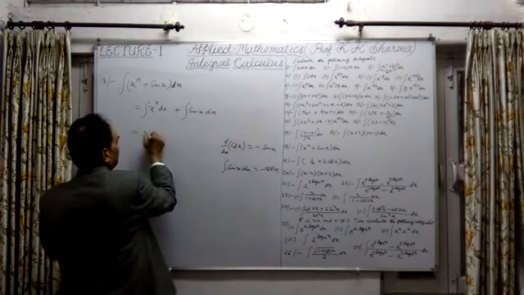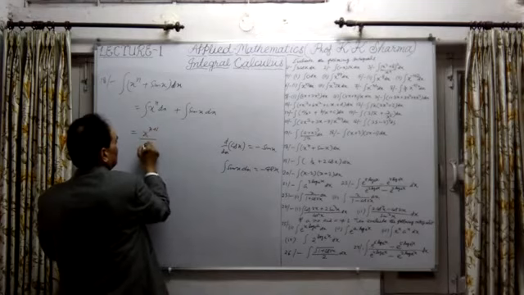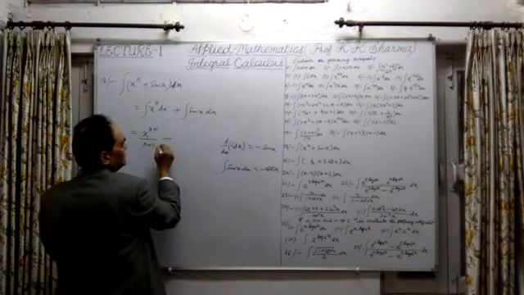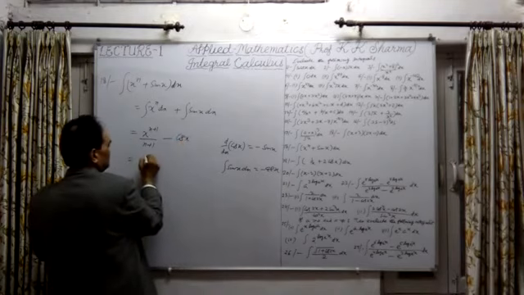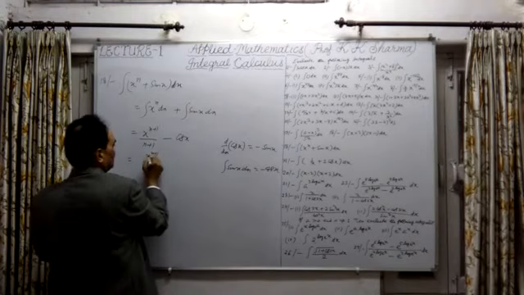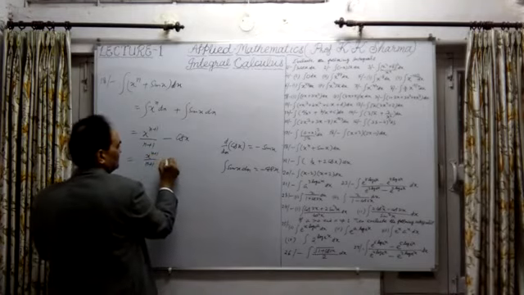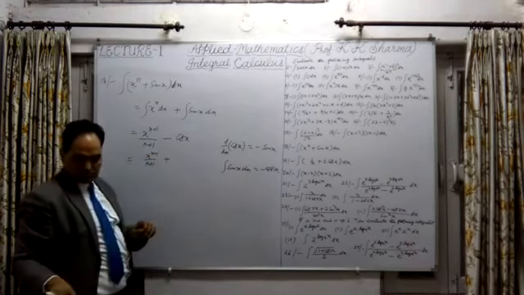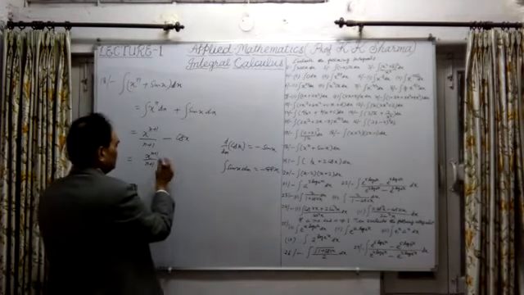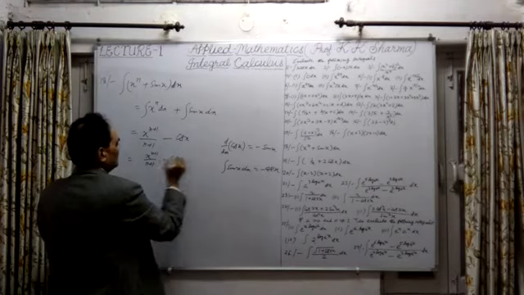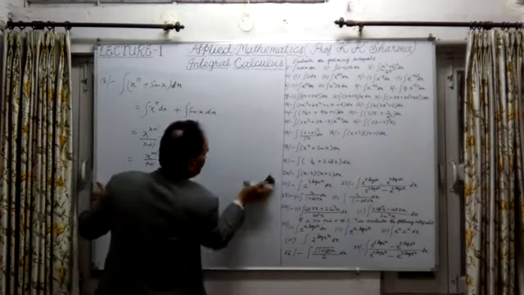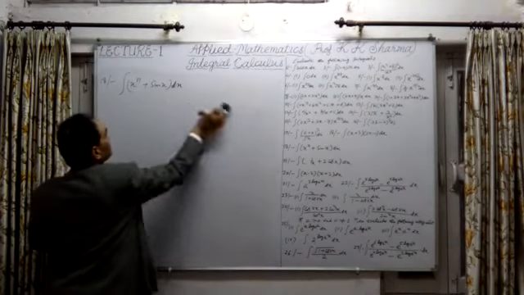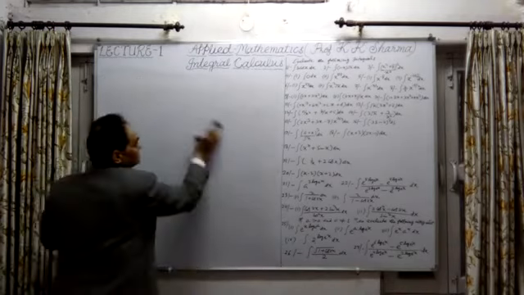Here it is actually x to the power n plus 1 upon n plus 1, minus cos x. This is nothing but x to the power n plus 1 upon n plus 1 minus cos x. So the answer is this. This is the final answer here. Question number 18 is solved.